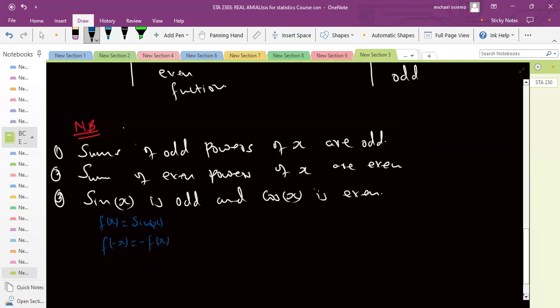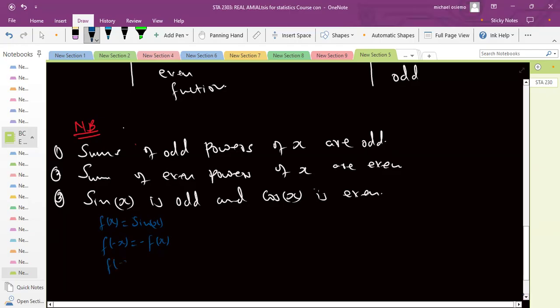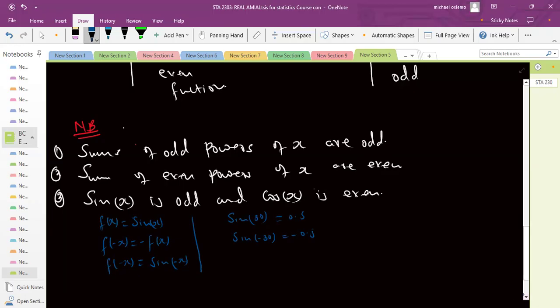So in that case, f at negative x is equal to sine of negative x. Now, if you check sine of 30, the value is 0.5. Sine of negative 30 is equal to negative 0.5. So if I multiply the first one, sine of 30, by negative, I get the second one.